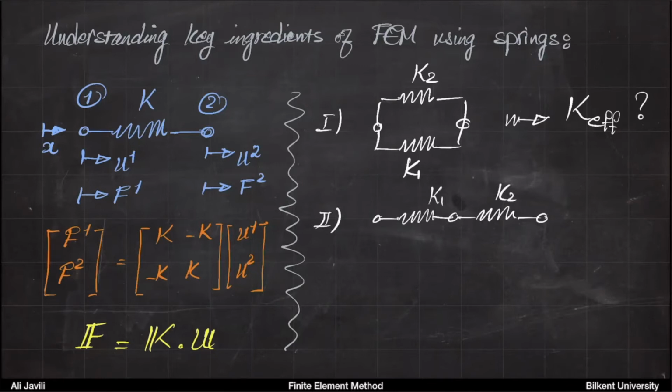And while I am at it, maybe I put also these 1 and 2 as superscripts to be consistent with what we just mentioned for today's lecture. So let's say this is K1, this is K2. And then again, the question is, if we have this system, what is the effective stiffness?